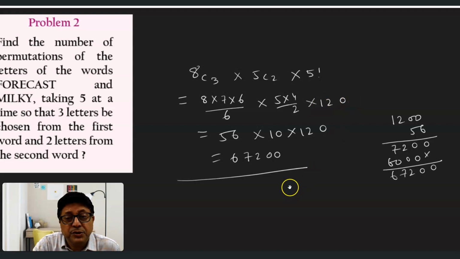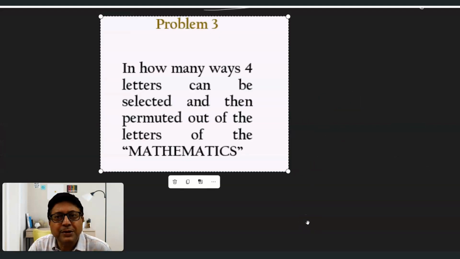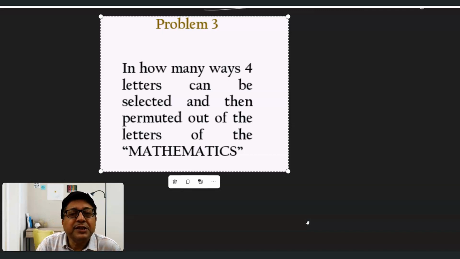Okay, so let us start the next problem. When you are solving a problem like word formation, finally you have to arrange. The problem is a bit difficult here. The question is how many ways 4 letters can be selected and then permuted out of the letters of the word mathematics.